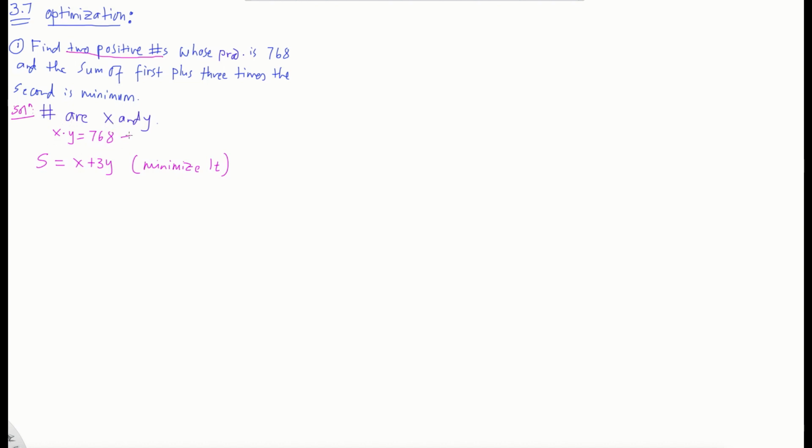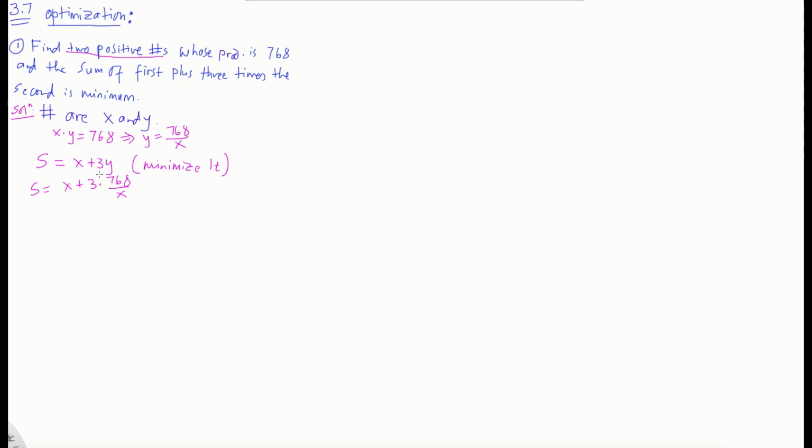If you solve for y, what do you get? y equals 768 over x, because if you divide by x on both sides, you get y equals 768 over x. Now you can write s equals x plus 3 times 768 over x.